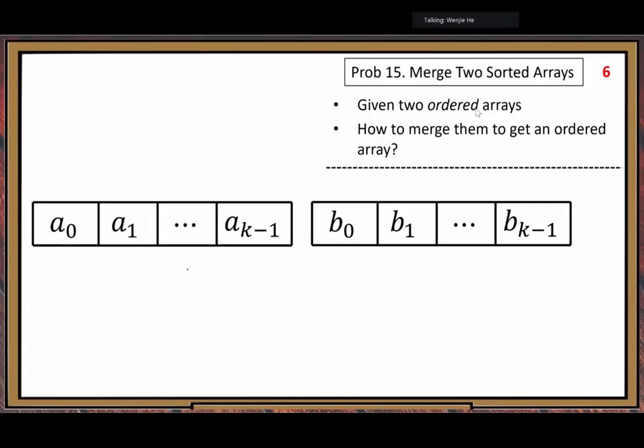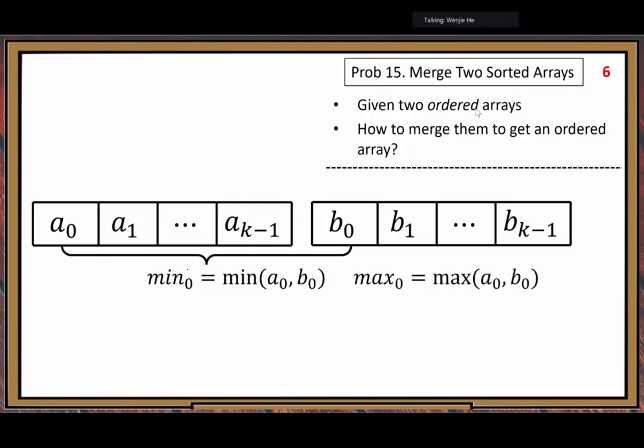All right, and here, these two subarrays are ordered already. So when we do our first comparison, we compare their leftmost two elements, in their natural order from left to right. After the first comparison, the smaller one, here I use min 0 to represent it, the smaller of these two leftmost elements, will be the global minimum, right?